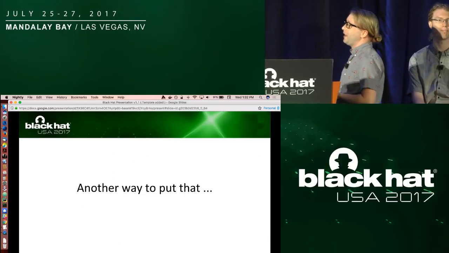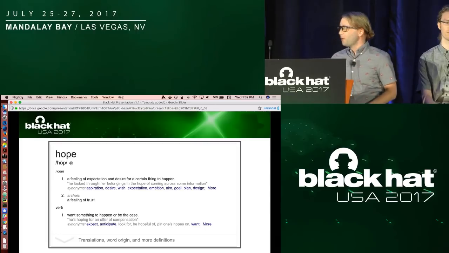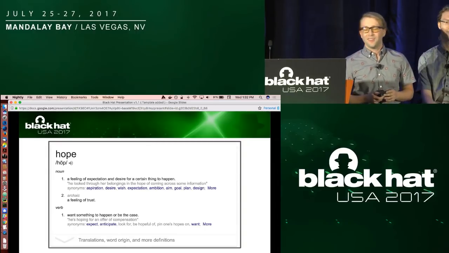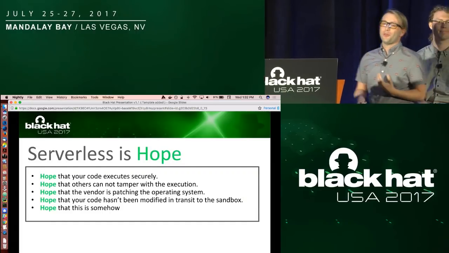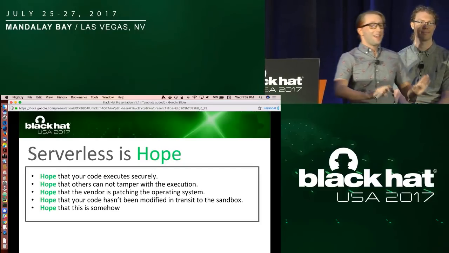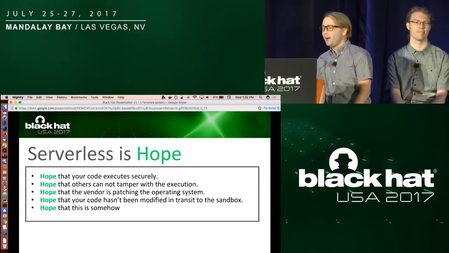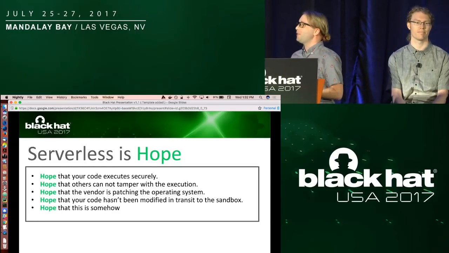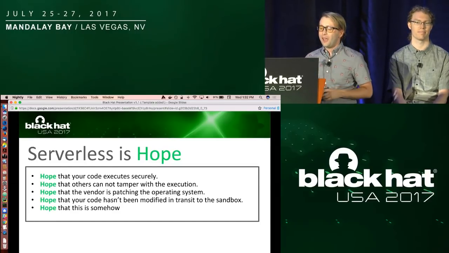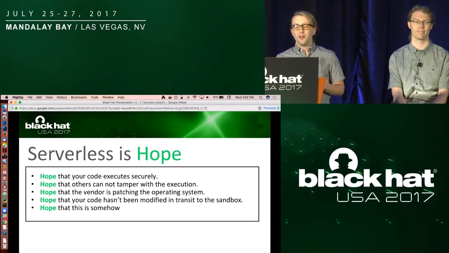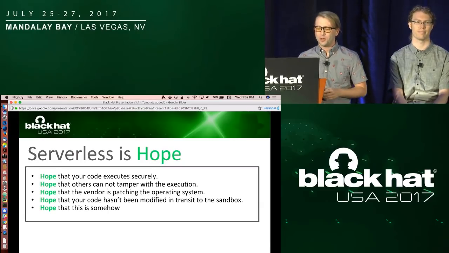So another way that I like to put that is that serverless compute is hope, right? We hope so many things about serverless. And don't get me wrong, I love serverless compute. I use it for a ton of stuff in my day job. But as a consumer of this, I have all these hopes. I hope that my code executes securely. I hope that other people can't tamper with the execution of that code.